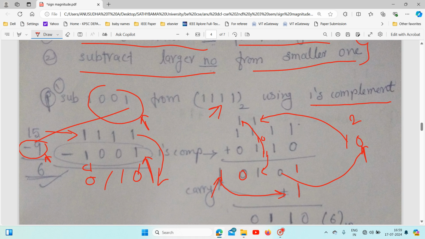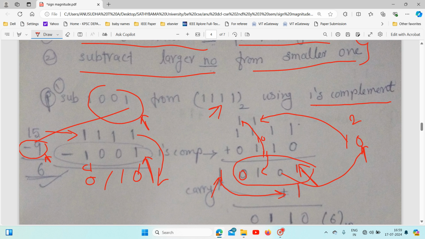If the carry doesn't exist, you have to take the ones complement of the result, that is, invert the result.